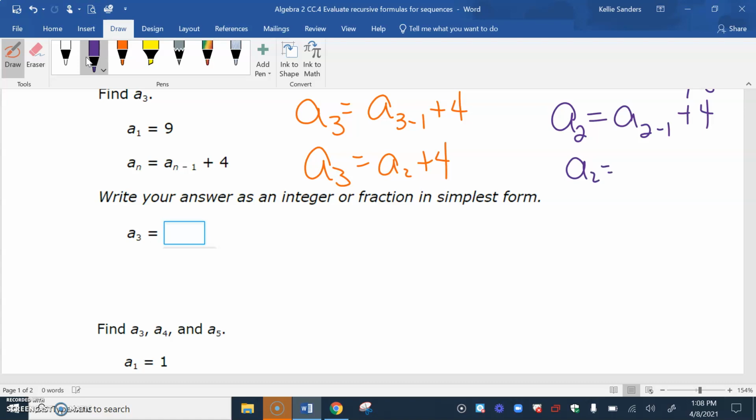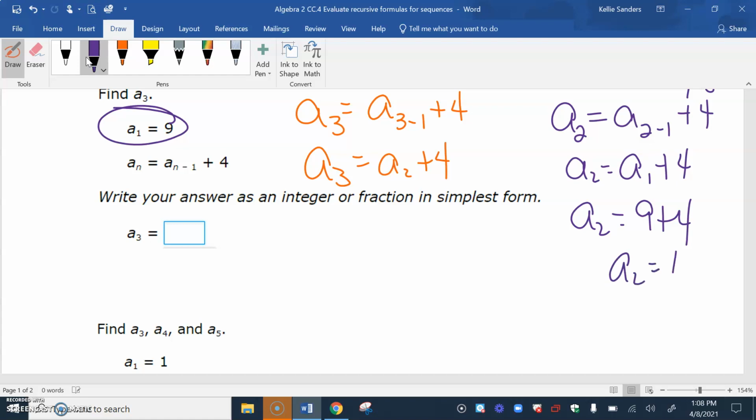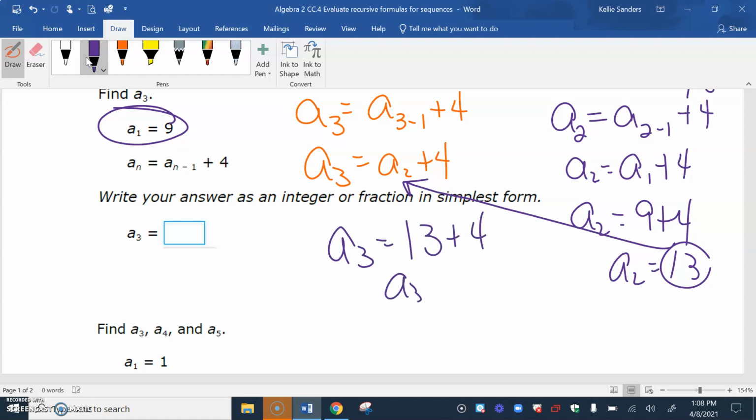A sub 2 is A sub 1 plus 4. A sub 2 is, what is A sub 1? 9 plus 4. So A sub 2 is 13. So A sub 3 is 13 plus 4. A sub 3 is 17. 17 will be your answer on this problem.